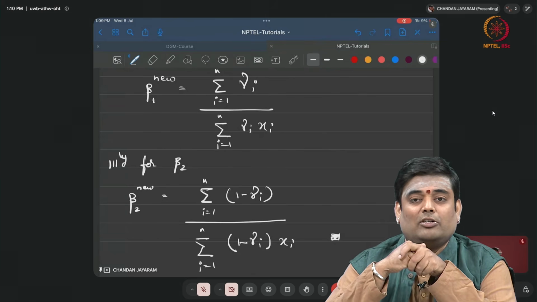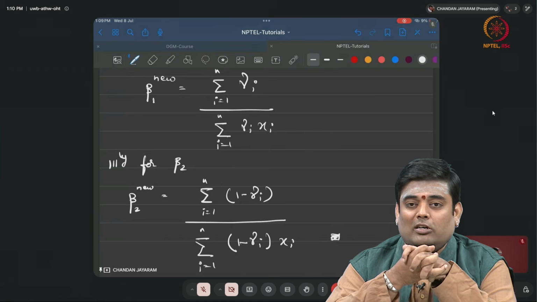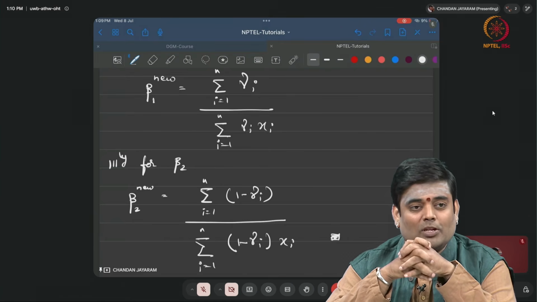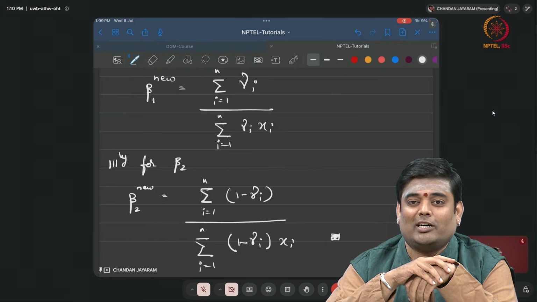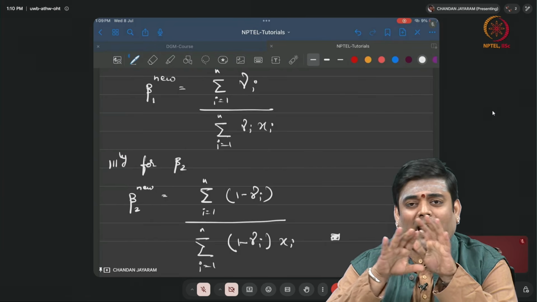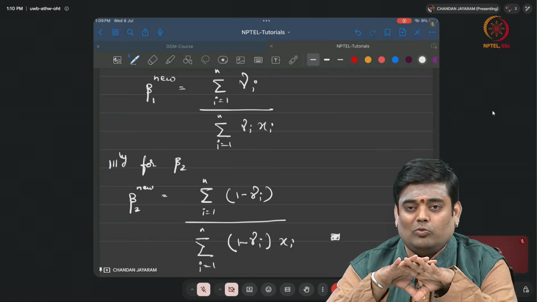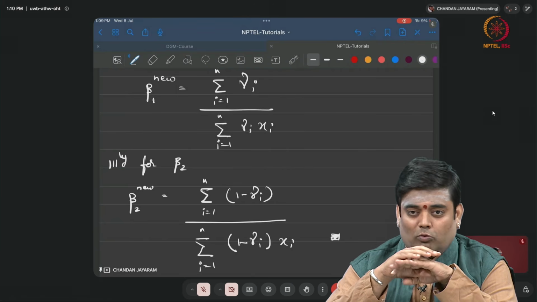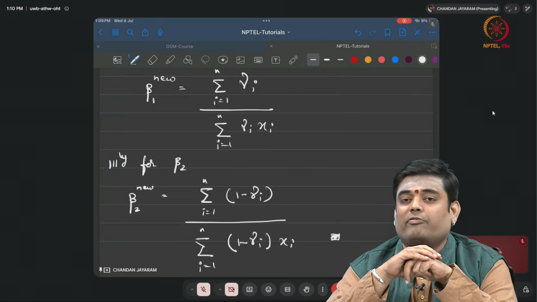In the next section of tutorials we will be working on a couple of neural network based numerical problems. I hope this section was not too heavy and that you are comfortable with the idea. The standard idea is this: you get the likelihood, differentiate with respect to whatever parameter you have, and then equate it to 0.